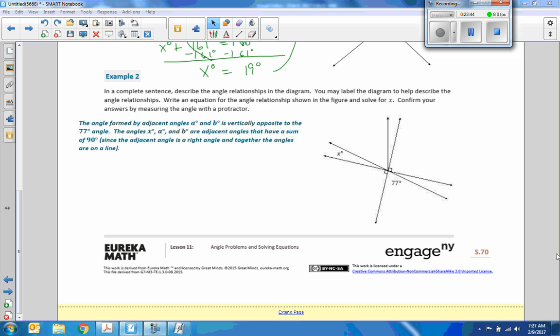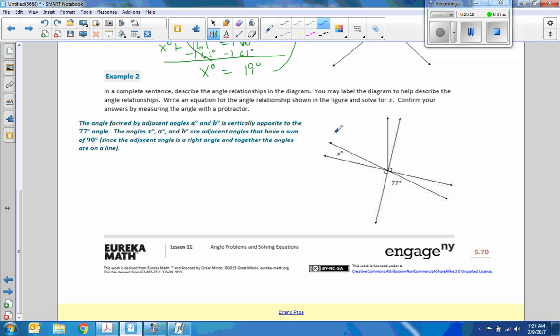Since the adjacent angle is a right angle, and together the angles are on a line. So what I need to do here is, what they're saying is, this is a straight line, this is a straight line. This is angle A degrees, and this is B degrees. That's what they're saying. These two angles make this vertical. So angle A plus angle B is 77 degrees. This whole thing is 77 because they're vertical.